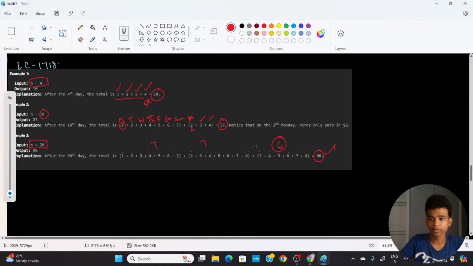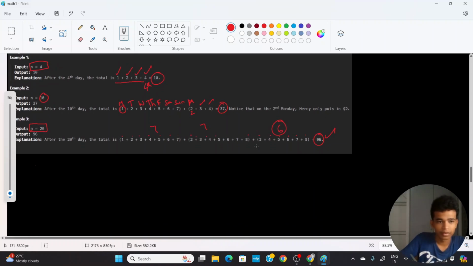Fine. How to approach this problem? First of all, we want to find the nth value. So inside that, what are the steps involved? I want to start from 1 and iterate 7 times and take the sum.